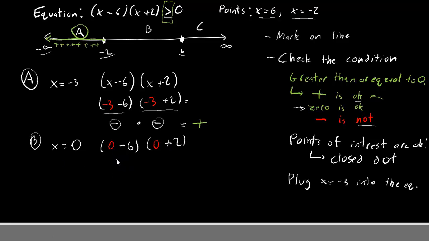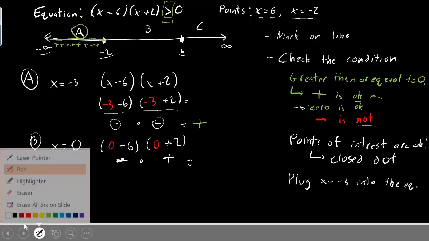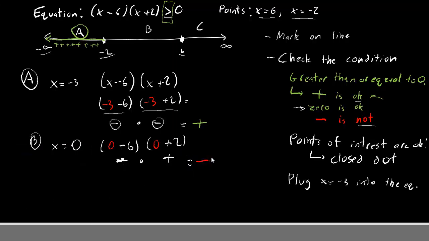Well, 0 minus 6 is a negative number, and 0 plus 2 is a positive number. If we multiply a negative by a positive, we'll end up with a negative answer. However, our condition here at the bottom said that negative is not part of the solution. So that means region B is not part of the right answer.